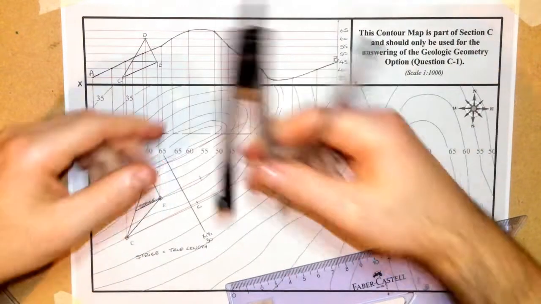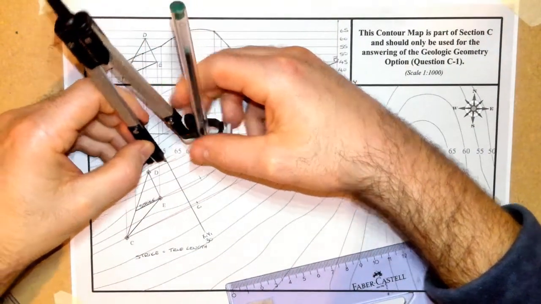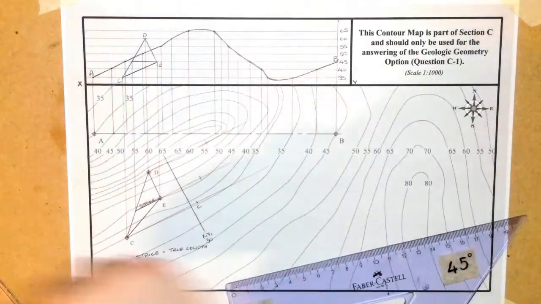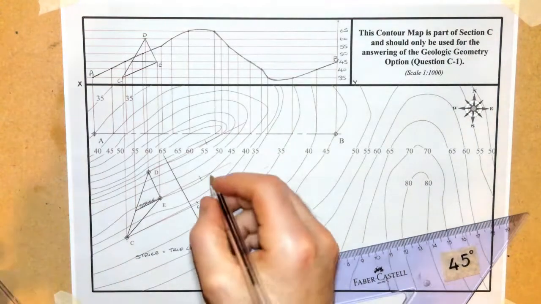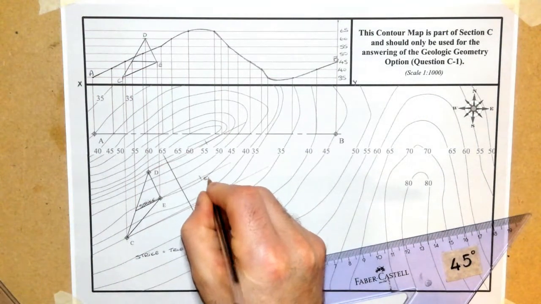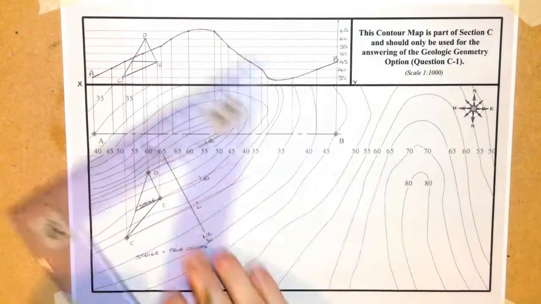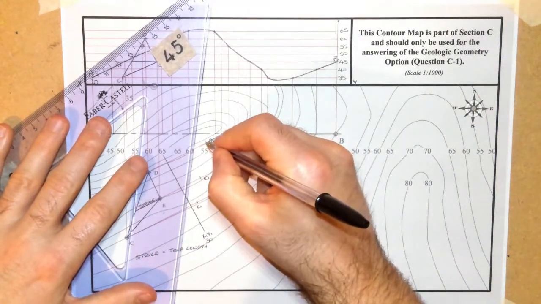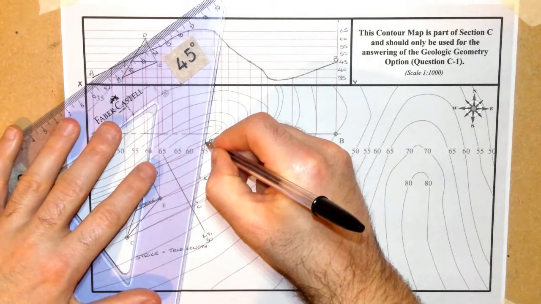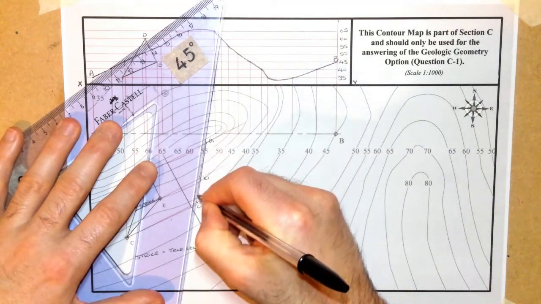Find D, come out to my X1 Y1. As always, labeling is very important, indexing, D1. All of these should meet in a line, and I can see they do.